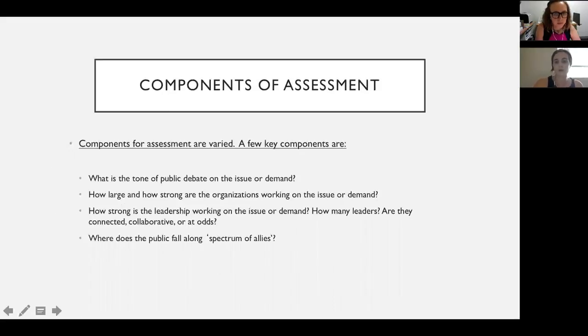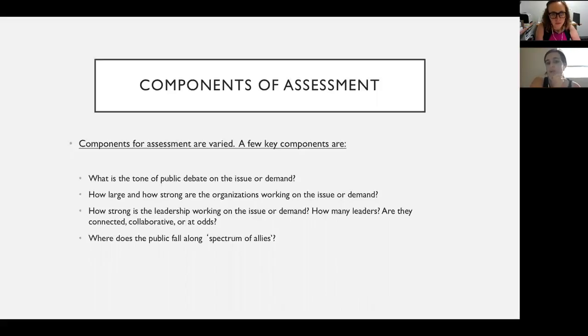Okay, components of assessment. The components for assessment are varied. A few key components are... That sounds a little vague, but it has a more intuitive quality to it the more you do it, and it's not a simple science where it's just, okay, let me check off, I assessed this area, I assessed this, I assessed this. There's a lot more nuance to it.